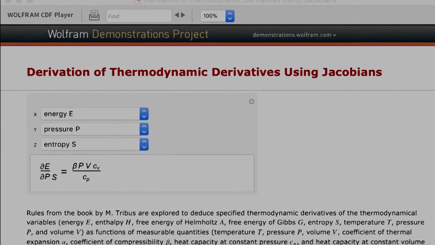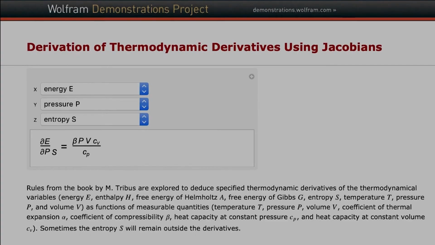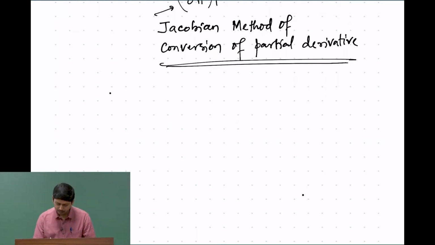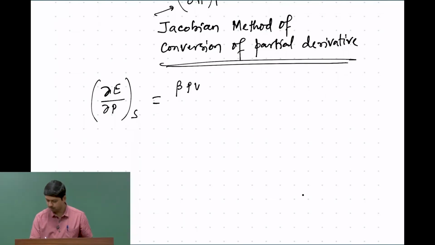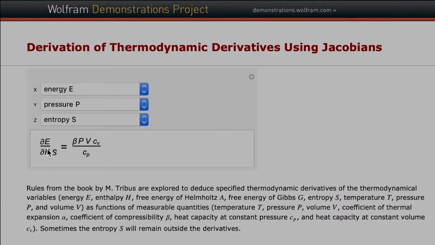For example, you can look at a particular partial derivative, dE by dP at constant S, or dU by dP at constant S. Once you do that, you get beta P V C V by C P. So, beta is again isothermal compressibility, as I see. Let me see what is mentioned at beta.